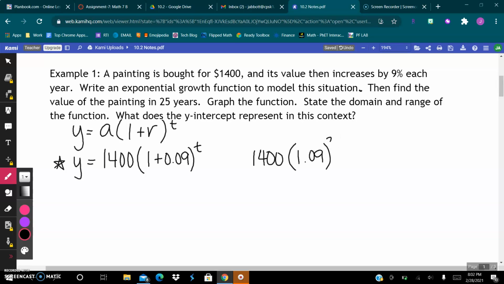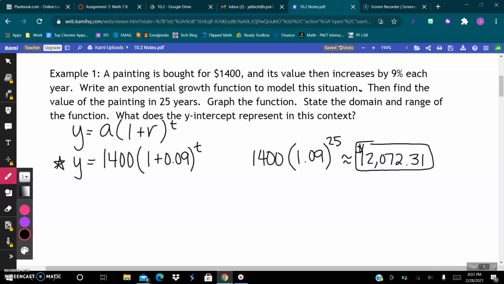And then the t is 25. So we're going to use our calculator for this. Rounding my answer to the nearest cent, it's about $12,072.31 that this painting will be worth after 25 years.